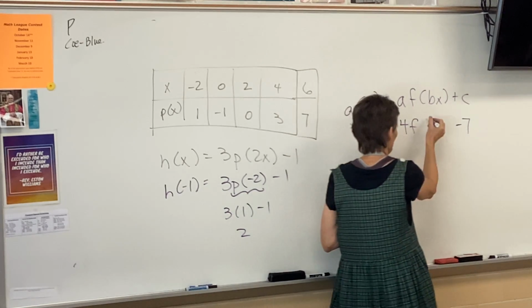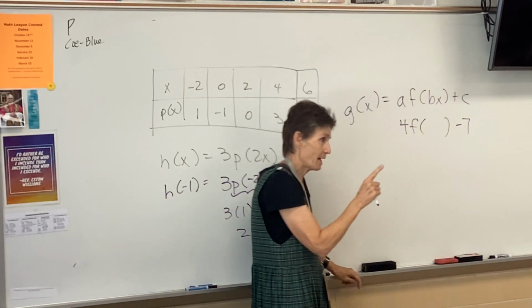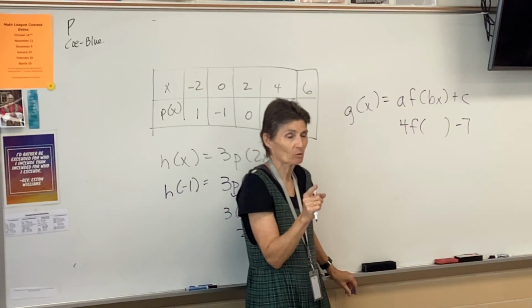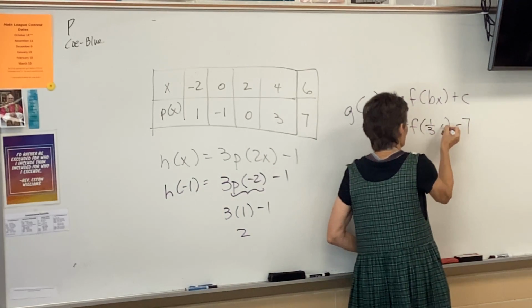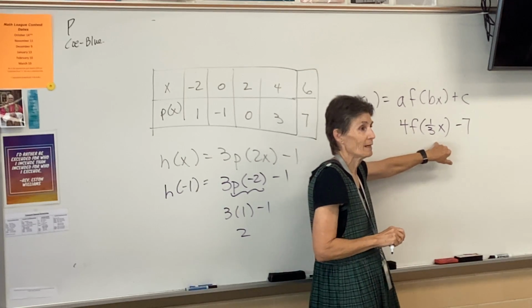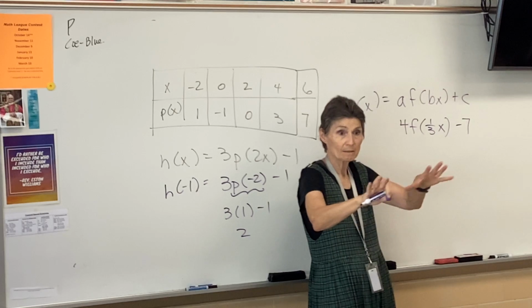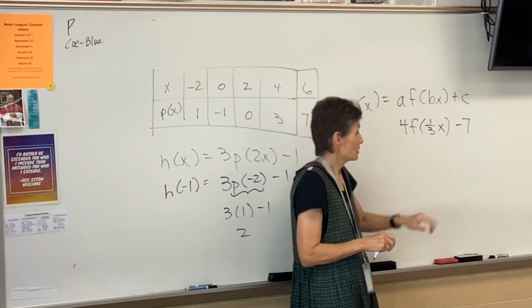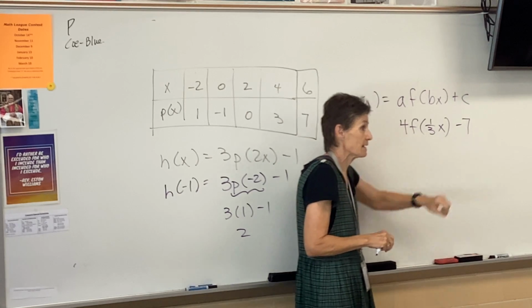What am I going to put in here that's going to end up multiplying my width by 3? 1/3, yeah. Remember, this number divides your width. So dividing by 1/3 would give me multiplying by 3. So A is 4, B is 1/3, and C is -7.